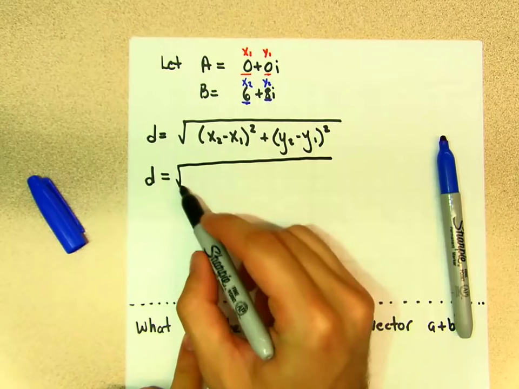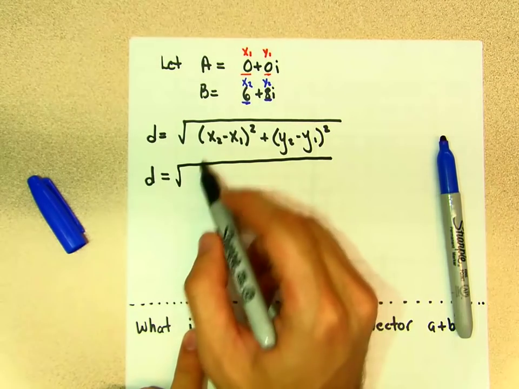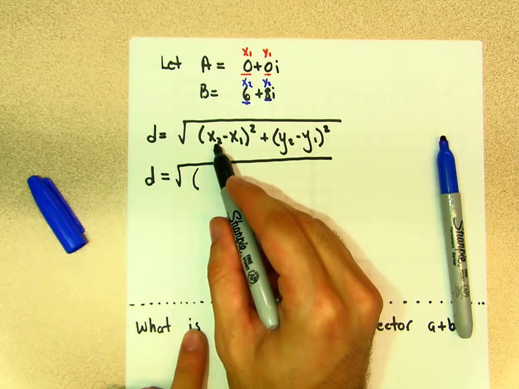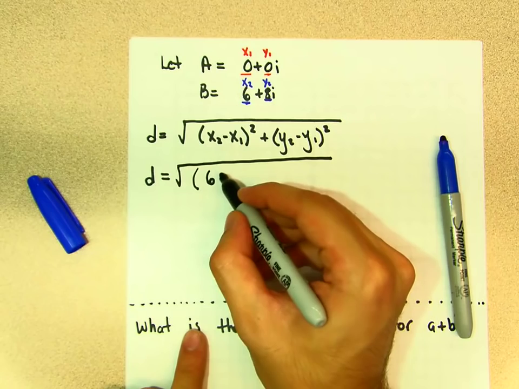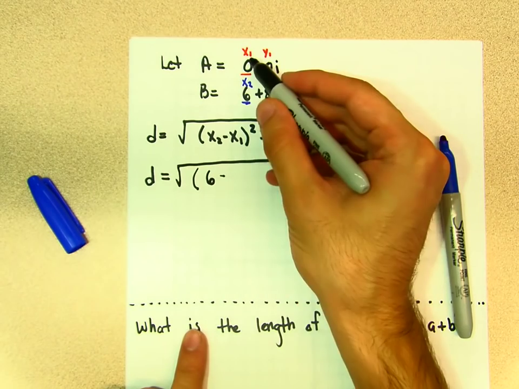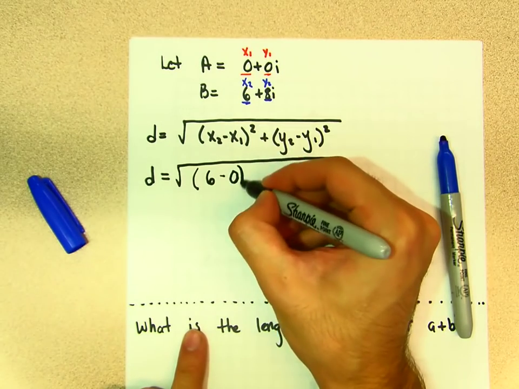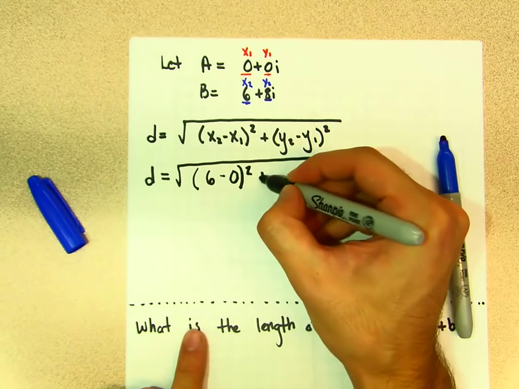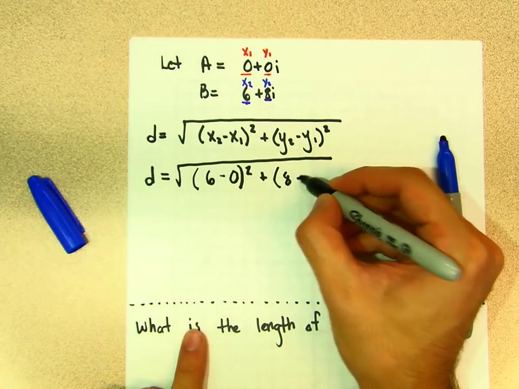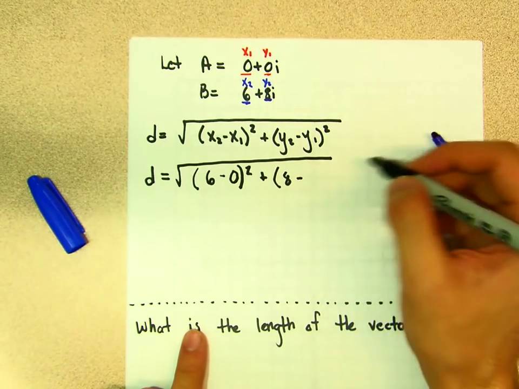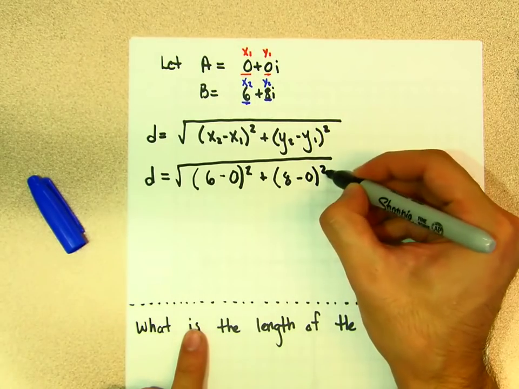So first thing is the radical. First we do the parentheses. Now what's my x sub 2? X sub 2 is 6, so I put 6 here. Minus, what is my x sub 1? It's 0. Parentheses, squared, plus, parentheses, y sub 2 is 8, minus y sub 1 is 0, squared.